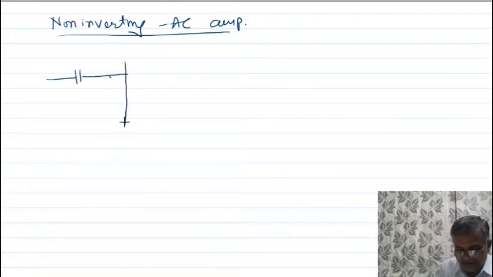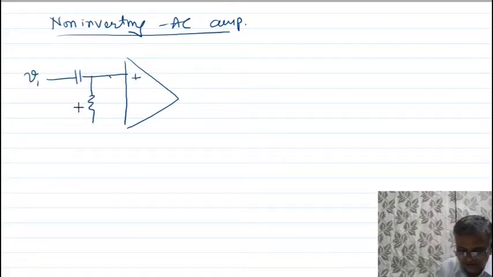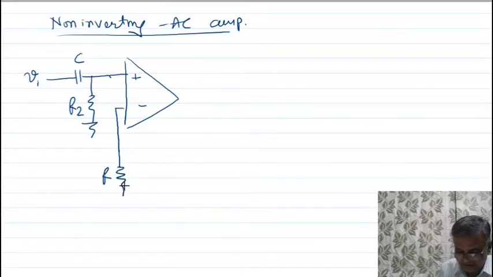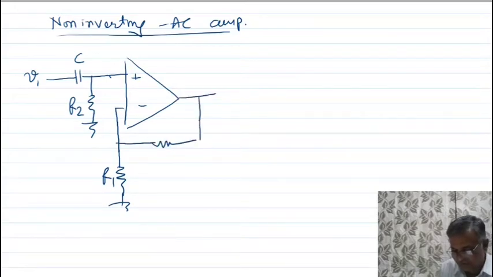This resistor R2 you have kept to provide the DC return path, and here resistor R1 from the output, you have taken another resistance, say R dash. This is the circuit diagram of a non-inverting AC amplifier.